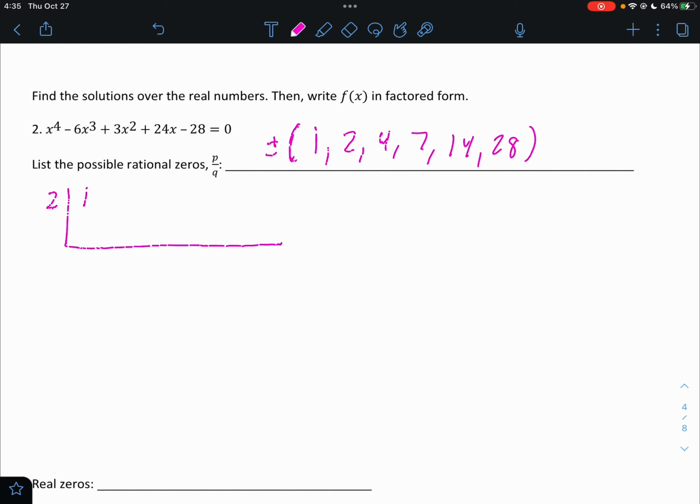It's going to be 1, -6, 3, 24, and -28. So 1, 2, -4, -8, -6, -12, 12, -24.